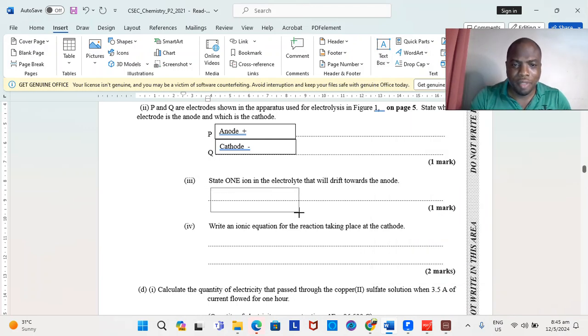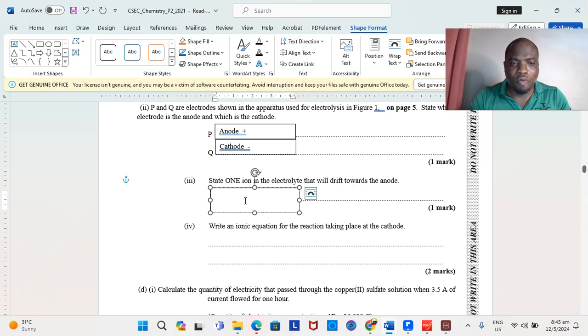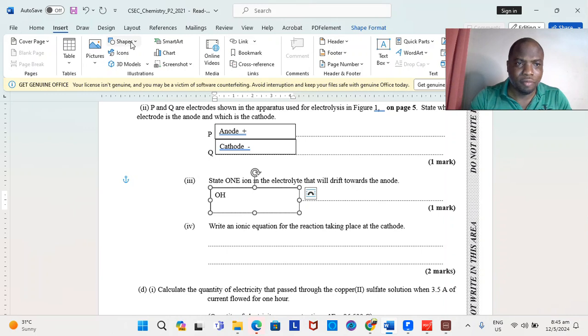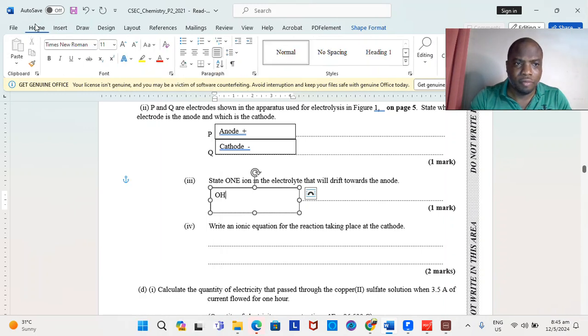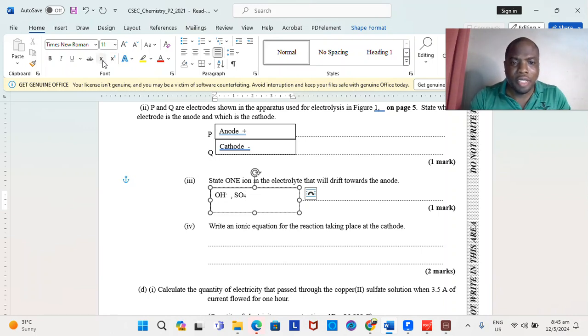So any one of them, you could have mentioned, whether you take the OH ion or the sulfate. Both of them are going towards the anode because they are negatively charged and the anode is positively charged. But as we said, only one will be discharged.